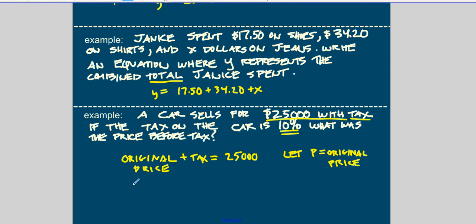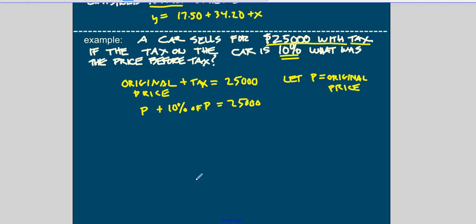One way is, okay, so P, the tax is 10% of the price, so that's going to be 10% of P equals 25,000. So 10% of is multiplication. We haven't gotten to that yet, but 10% as a decimal is 0.1 or 0.10. I'm going to write 0.1, so that's 0.1p.